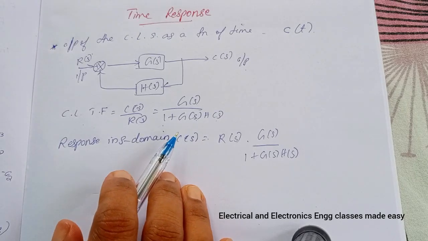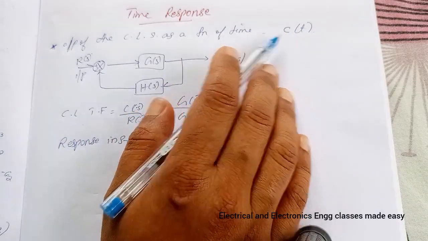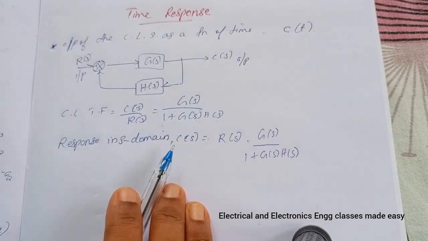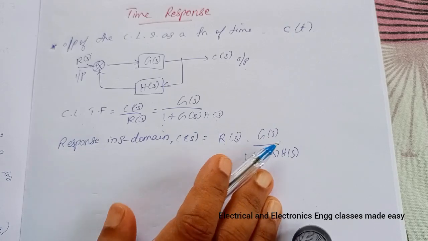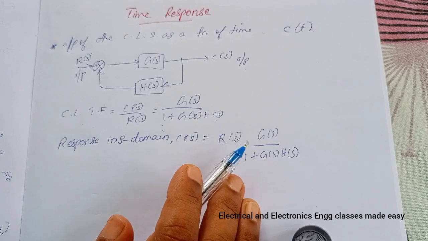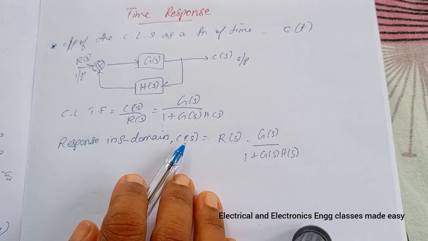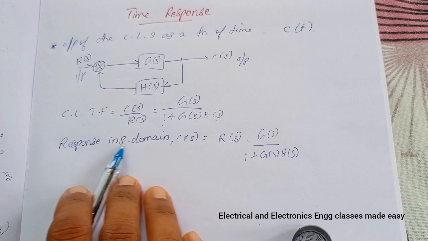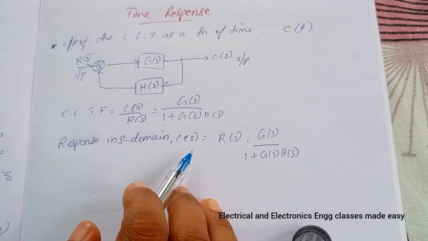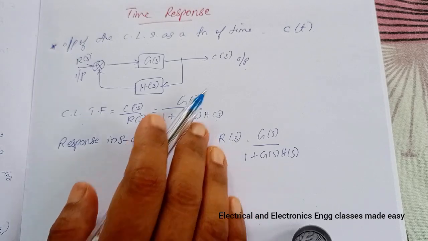So we have to find the time domain response C of t, and that is obtained by taking the inverse Laplace transform of this product. That is, the product of the transfer function and the input gives the output in S domain, and on taking the inverse Laplace transform of this product we get the time domain response C of t.